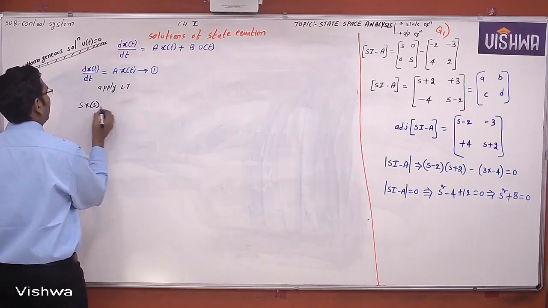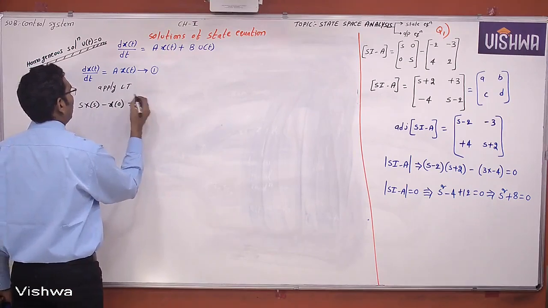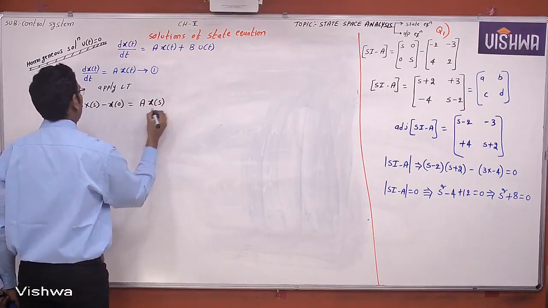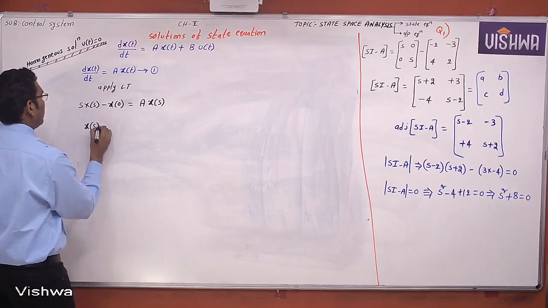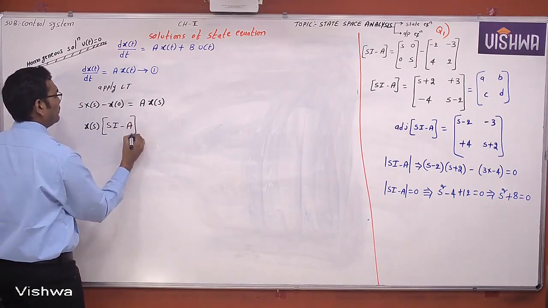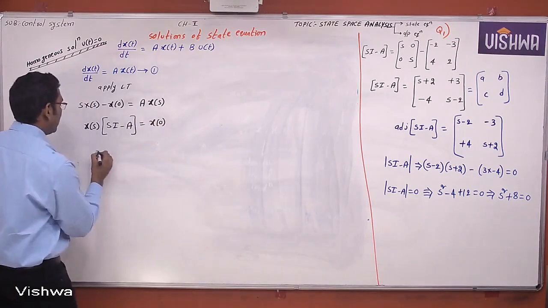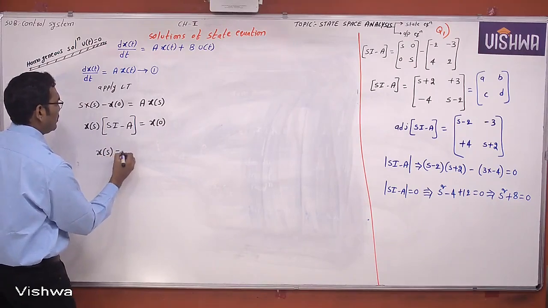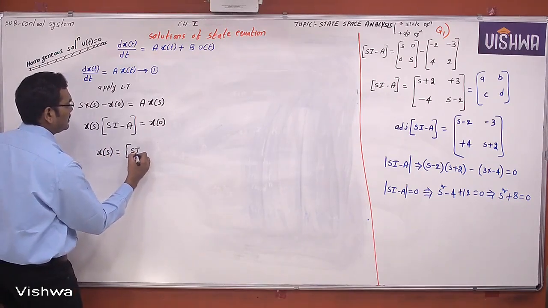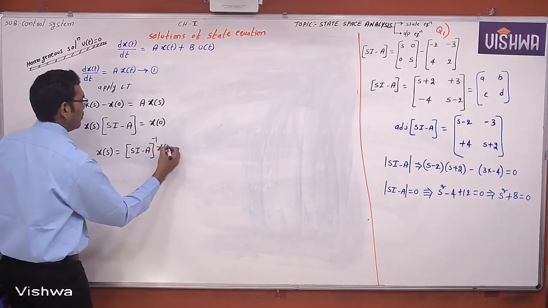s X(s) minus x(0) equals A X(s). Then take X(s) common: (sI minus A) X(s) equals x(0). So X(s) equals (sI minus A) inverse, a matrix inverse, times x(0).